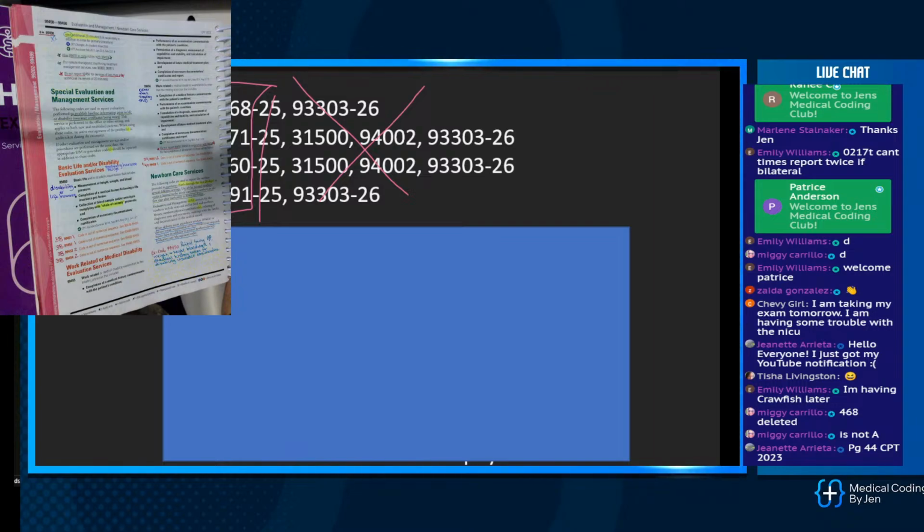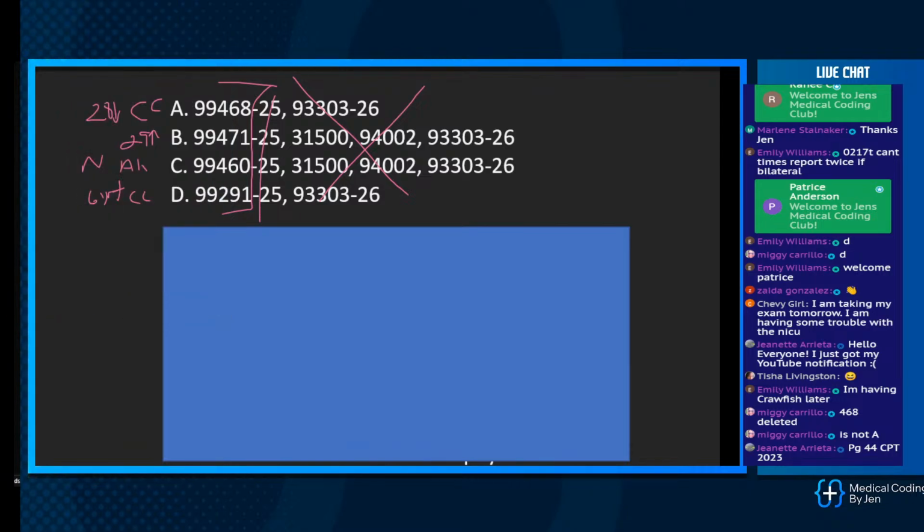So knowing those differences will help out a whole bunch.